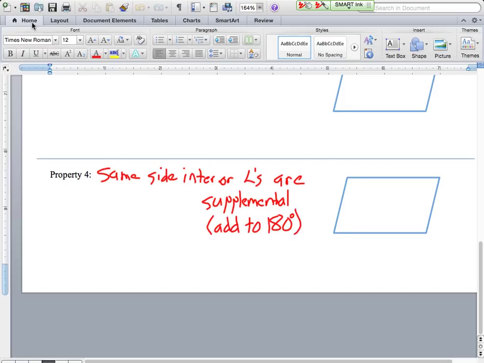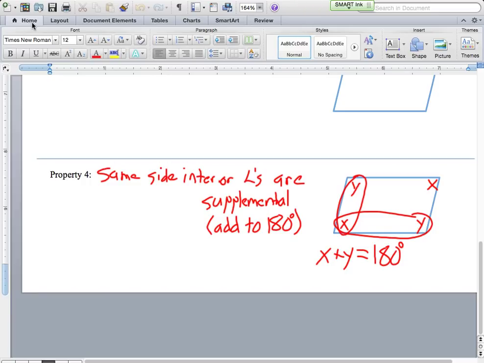All right, so for example, this angle, call it angle X, and of course the angle opposite it is congruent, so this angle is also angle X. But the angles next to it, the ones that are on the same side, call this angle Y, and then of course the one opposite it would be angle Y. So these two angles are on the same side, or you could think of these two angles that are on the same side. Either one of those, we know those two are supplemental. So that means X plus Y should equal 180 degrees. All right, so those are your four properties for parallelograms that we're going to be using.